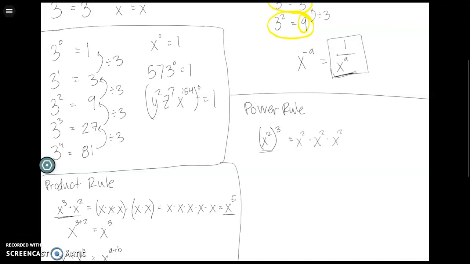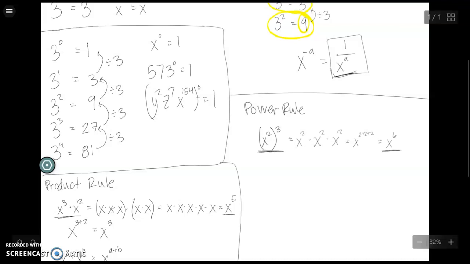Now I can use my fancy product rule to say x squared times x squared times x squared is the same as x raised to the 2 plus 2 plus 2 power, which is the same as x to the 6th power. Now we can look at the relationship between the exponents we started with, x squared all raised to the 3rd power, and the final one. We notice that those exponents are multiplied together.